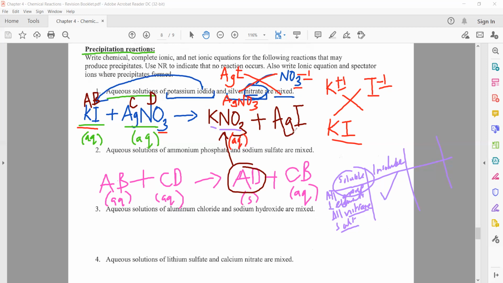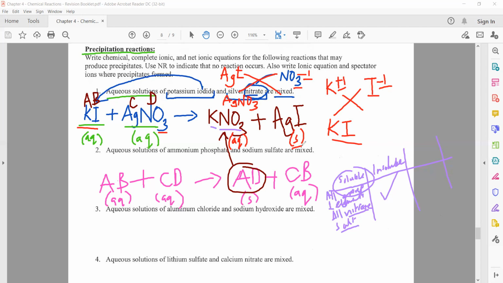That allows me to assume that silver iodide in this situation is my precipitate. And even if I cross-check with my solubility chart, silver iodide is generally an insoluble substance, so it does form the precipitate here.